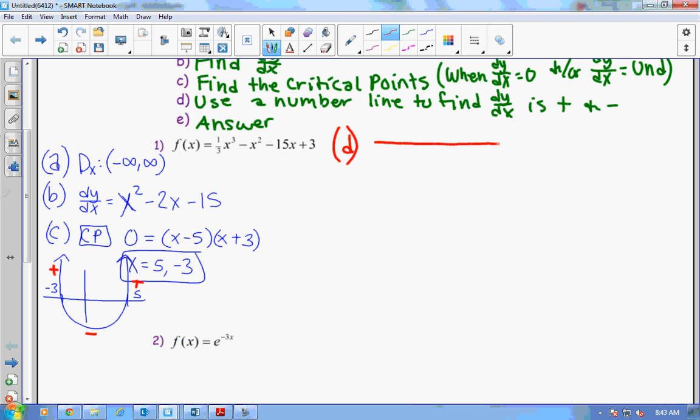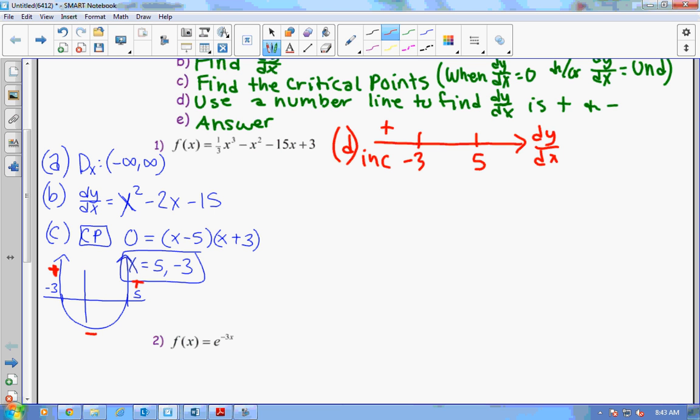for dy dx. Our critical points are negative 3 and 5. From negative infinity to negative 3, is the dy dx positive or negative? Positive. Which means the position function is increasing.